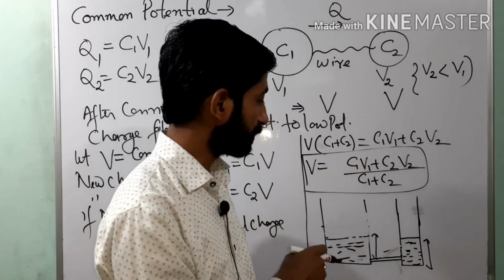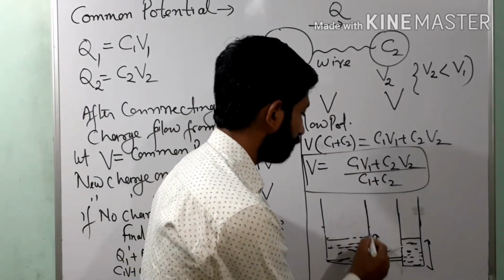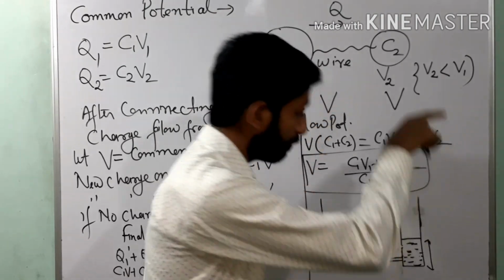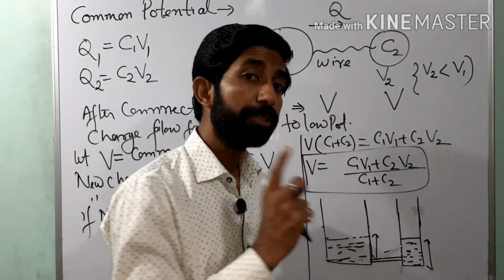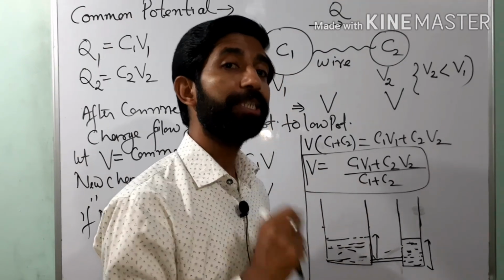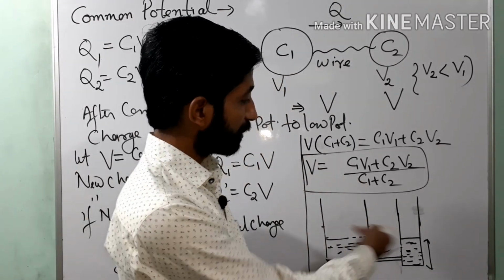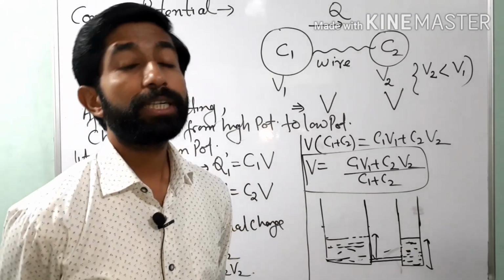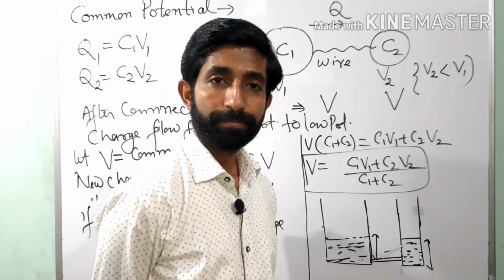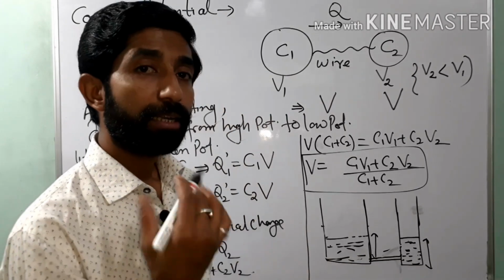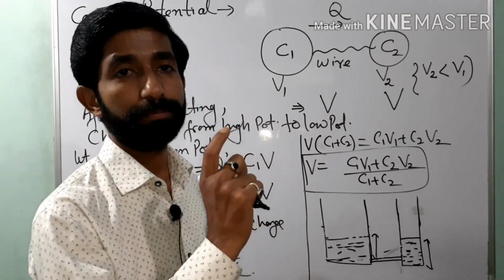So what happened in this process? The liquid has flowed from this to that container, but the flow continued till the height of the liquid in both containers became equal.